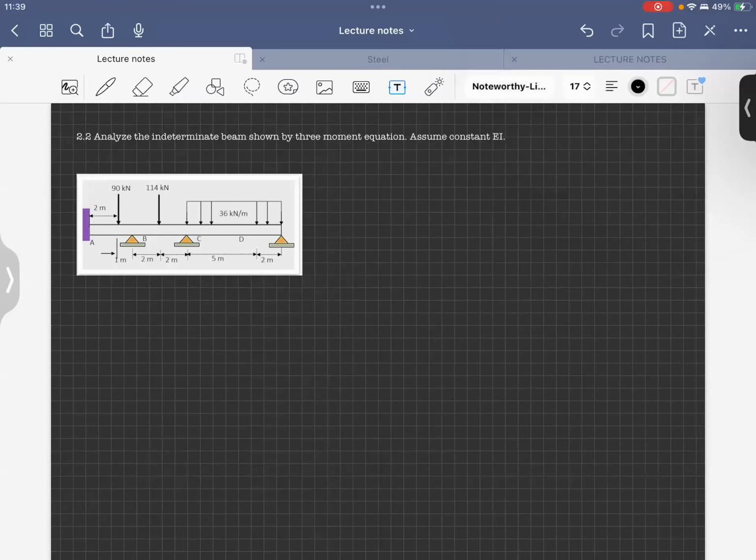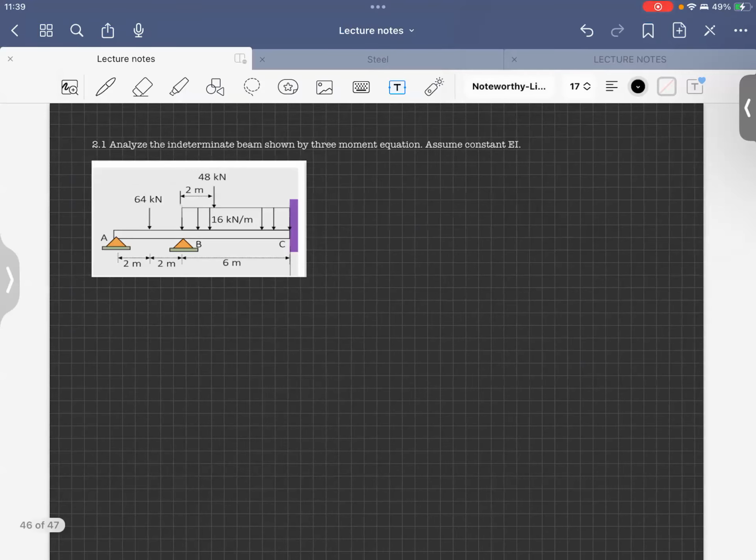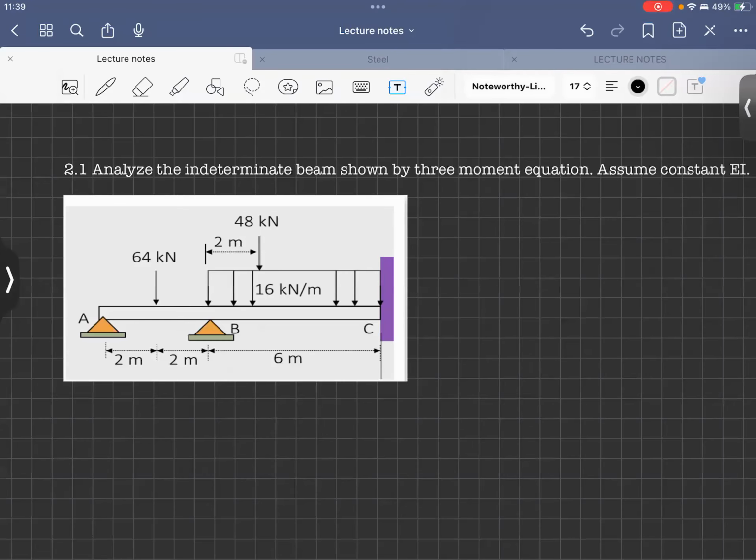Okay, so here, it says analyze the statically indeterminate member by the three-moment equation. So if we are to solve, sorry, ito pala muna, no? If we are to solve the degree of indeterminacy, di ba, we have 1, isa-say natin.